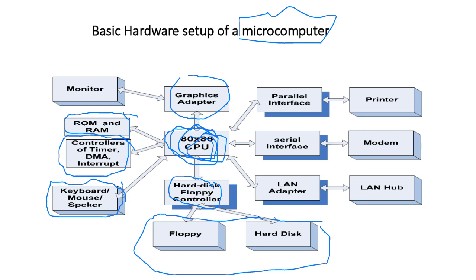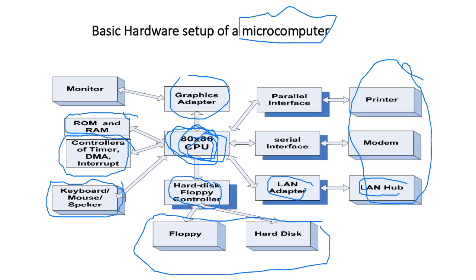A controller is also another IC that helps to make the connection. And then we have some output devices like printer, modem, LAN. The LAN hub is for Wi-Fi or internet connection. LAN is local area network. It is connected with the adapter and then the CPU.